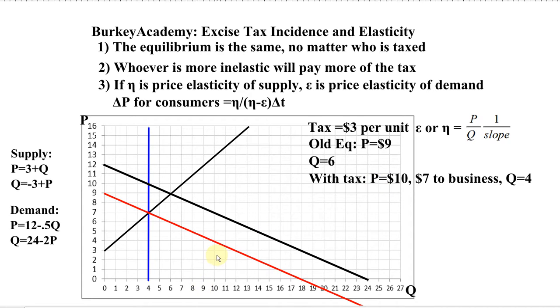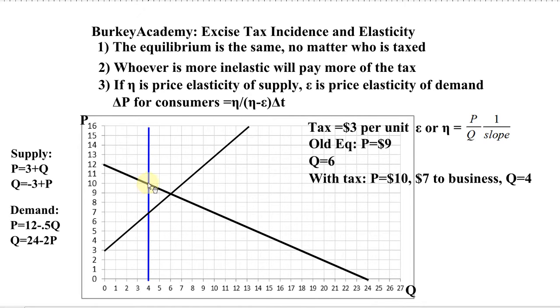So in practice, to figure out what the equilibrium is, it doesn't really matter whether you shift the demand curve or shift the supply curve. All you need to do is really figure out what that new equilibrium quantity is going to be, and in this case it's 4. And then you can see those two prices that are going to be paid.